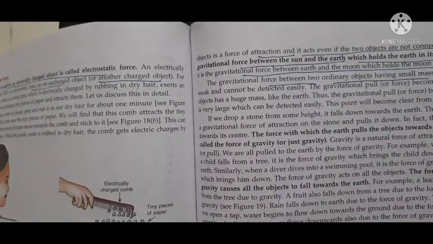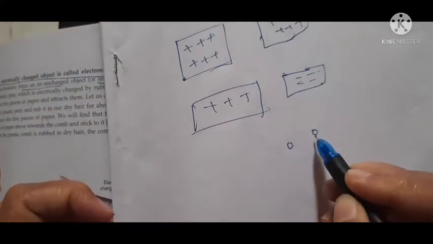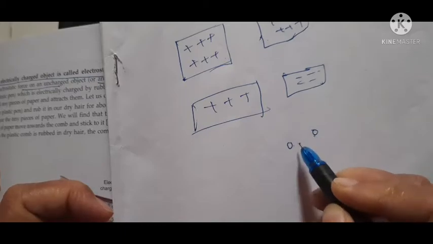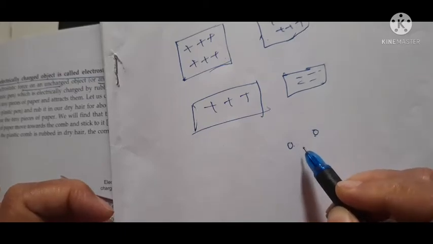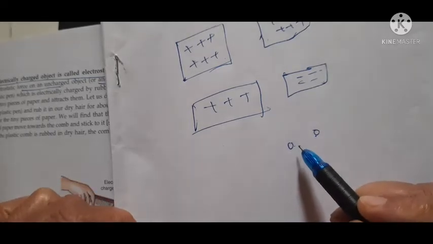Now let us take the case of two small stones. Now students, this stone is also exerting a force on it, and you know the gravitational force is always an attractive force. It's a force of attraction.